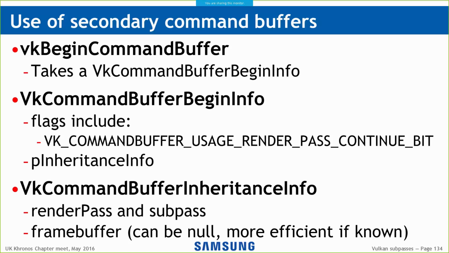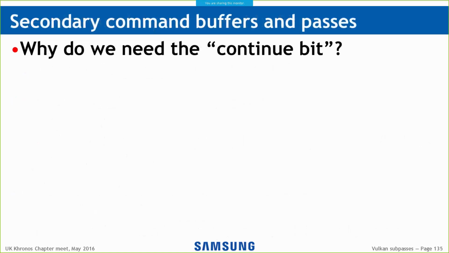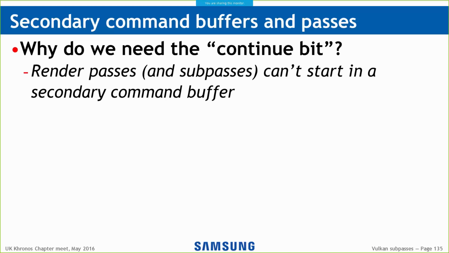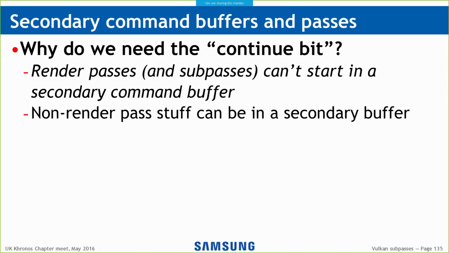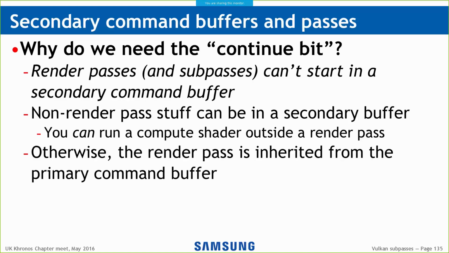That's optional, which means you can change the frame buffer in the secondary command buffers. Just to clarify, you need a continue bit because you can't start a RenderPass in the secondary command buffer. You have to say you're inheriting things. You can do other things in the secondary command buffer, for example, compute shaders and the other kind of things that Michael was talking about. But if you're doing graphics rendering, then the RenderPass that's used by the secondary command buffer comes out of the primary.